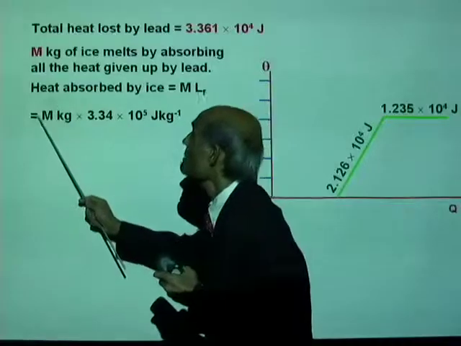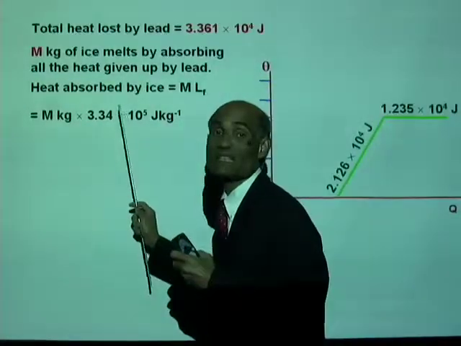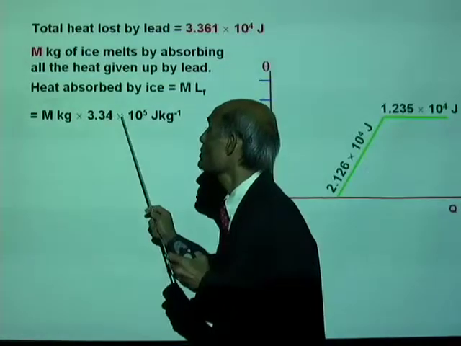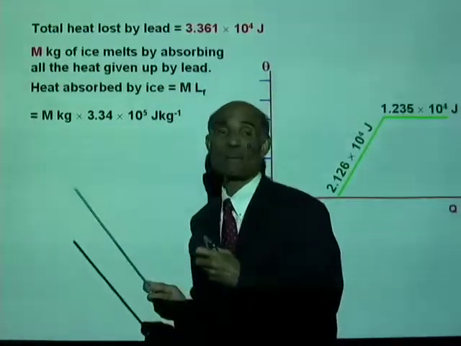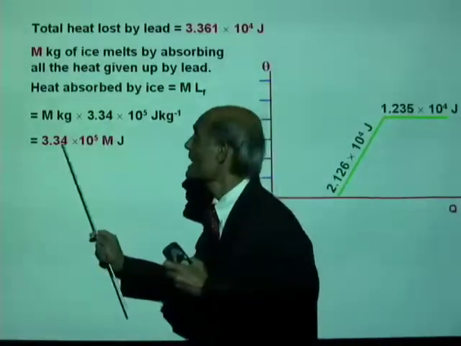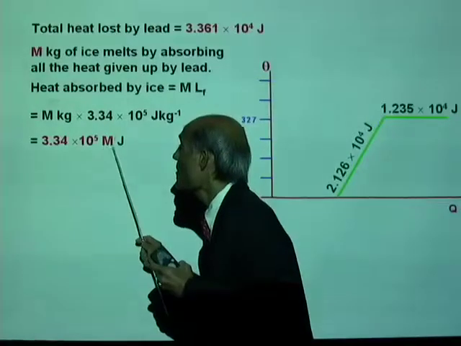That will be m kilogram times the latent heat of fusion of ice, which is 3.34 times 10 to the power 5 joules per kilogram. And we will write it as 3.34 times 10 to the power 5 m.